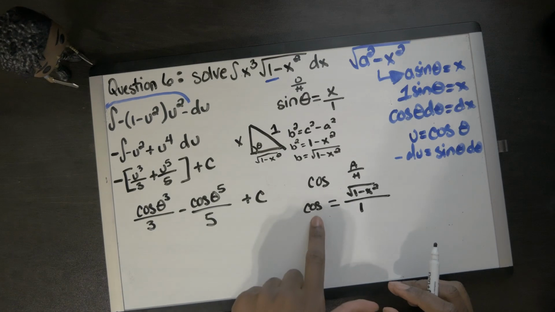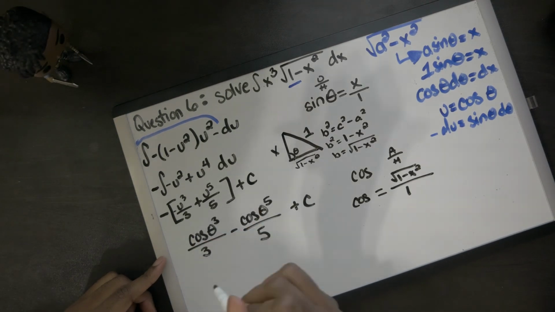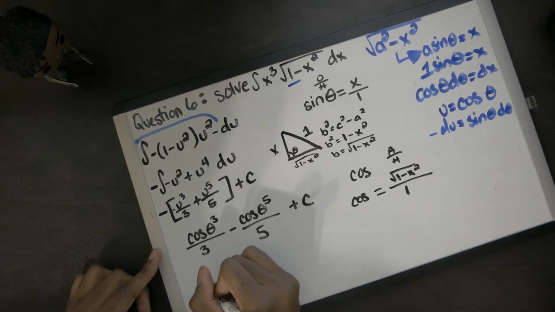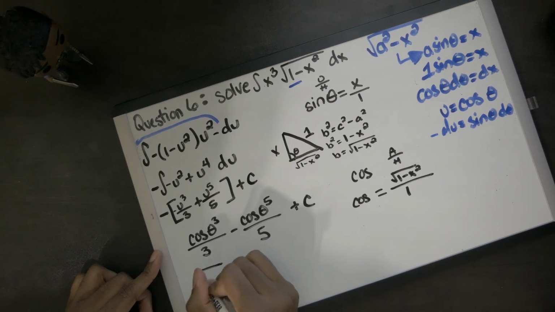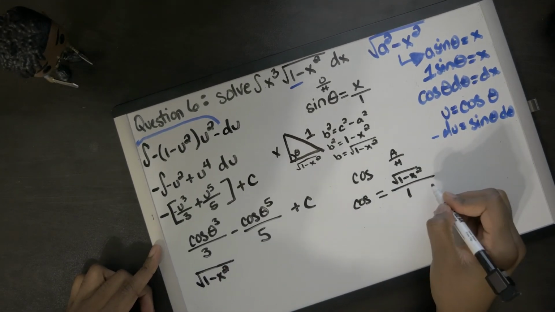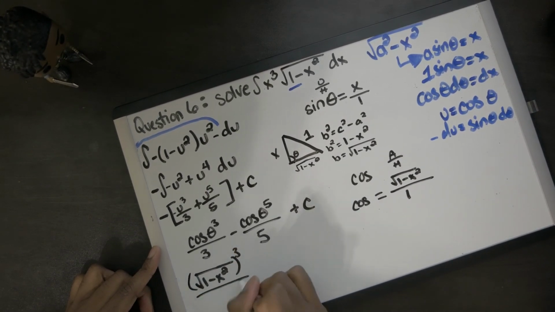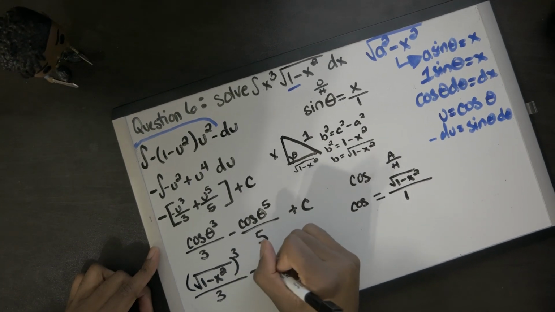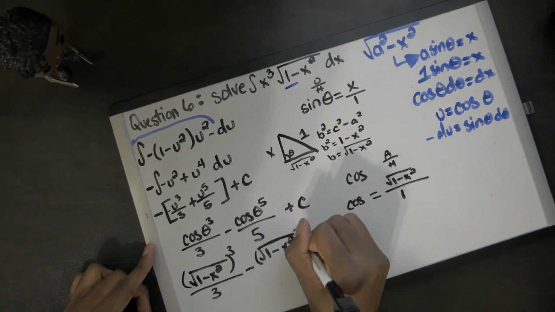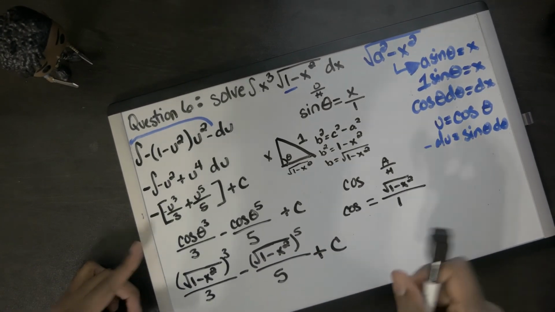So now that we have that, we can plug it back into our original problem. Cosine cubed theta is now going to be, and this is where it's dangerous how you write it, the square root of 1 minus x squared, and since it's over 1, we can just consider that as is, cubed over 3, minus the same thing: 1 minus x squared to the 5th power over 5, plus c as a constant.